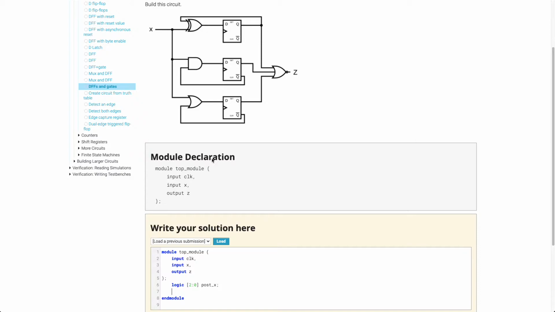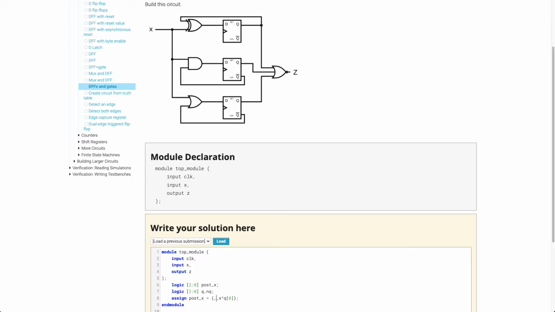So maybe just top to bottom is gonna be X XORed with... how do I want to build this? I probably want to just have logic of Q and not Q. So this will just be XOR of Q0.